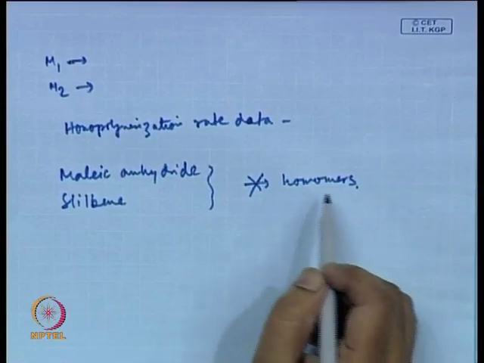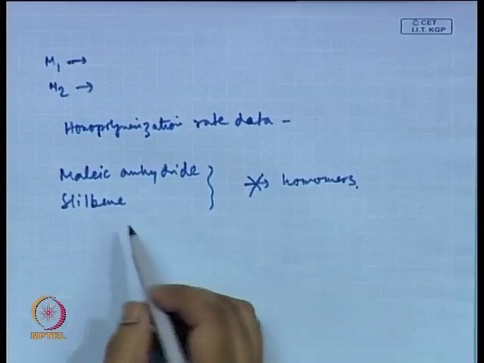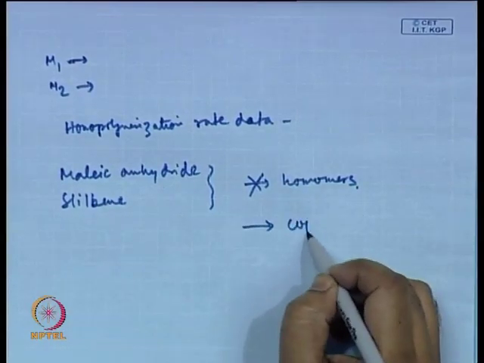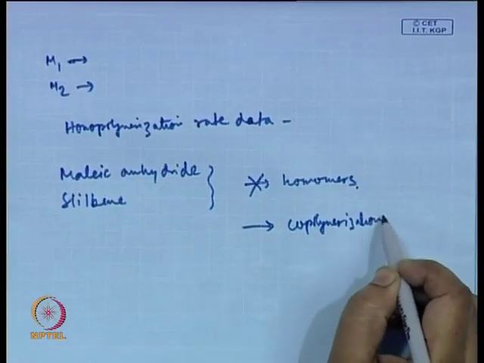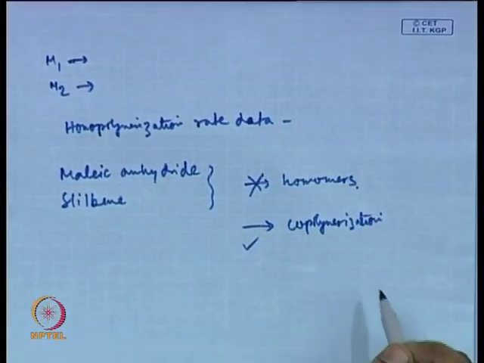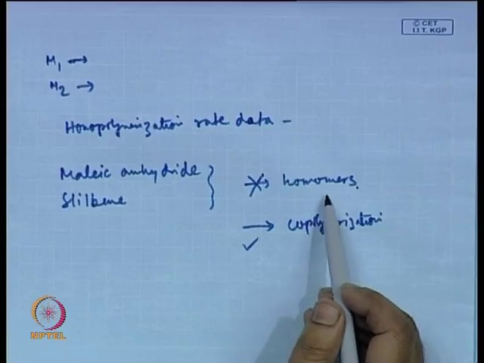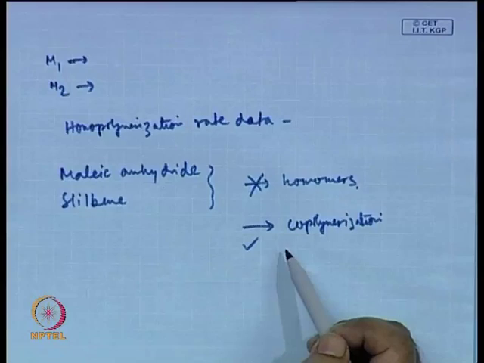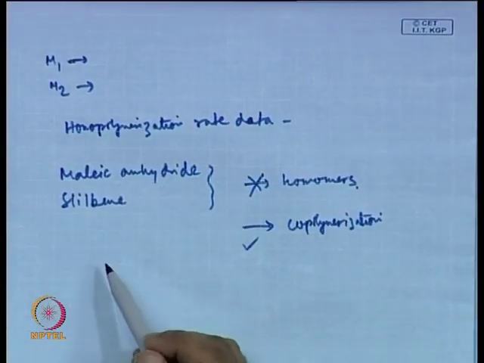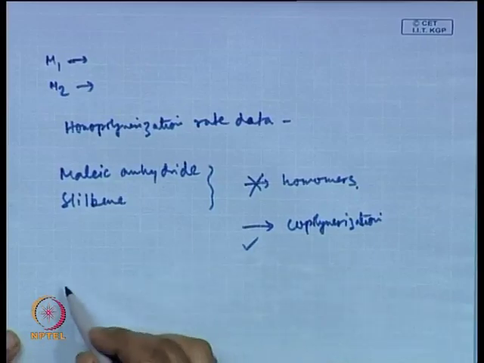We discussed that and the reason for that, but they can undergo copolymerization in a facile way with other monomers like styrene, methyl methacrylate. So, the reaction rate data from the homopolymers is not useful when you predict the composition or the reaction rate when these monomers are reacting with a second comonomer to form a copolymer.